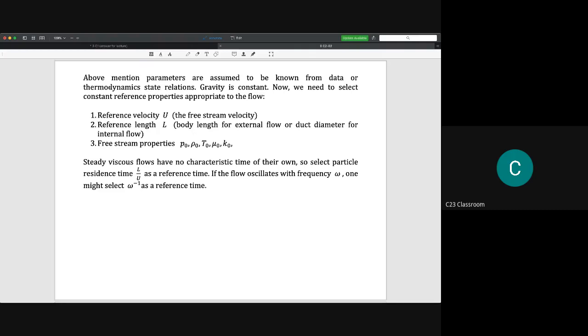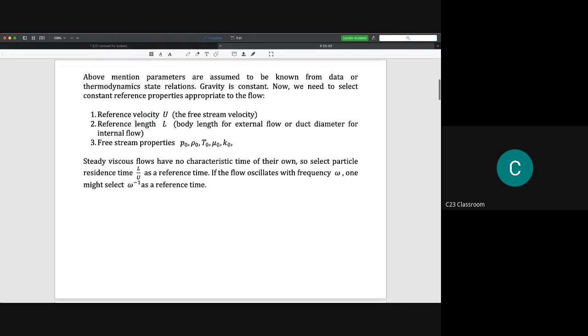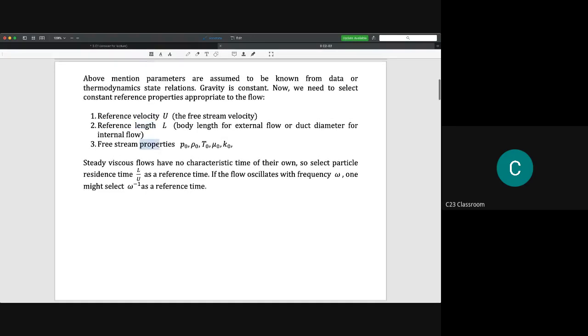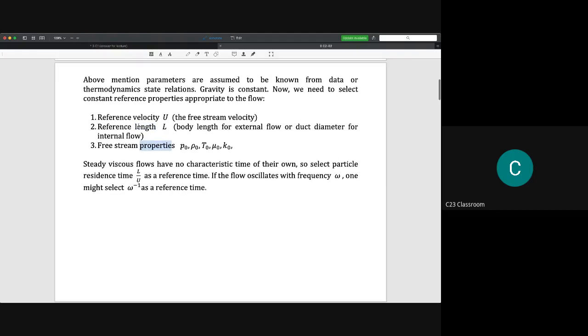Okay, so I read this first. The above-mentioned parameters are assumed to be known from data or thermodynamic state relations. Gravity is constant. We need to select constant reference properties appropriate to the flow. So this is three references. The reference is actually about the velocity, the length, and the properties. I will discuss it later.